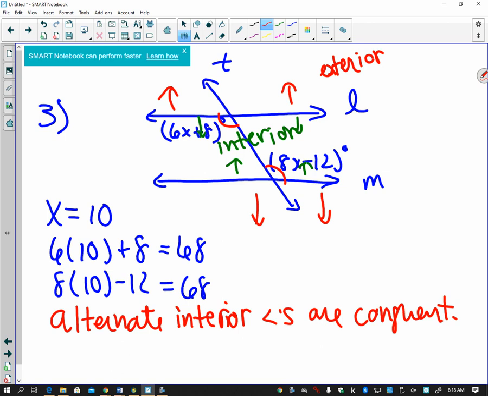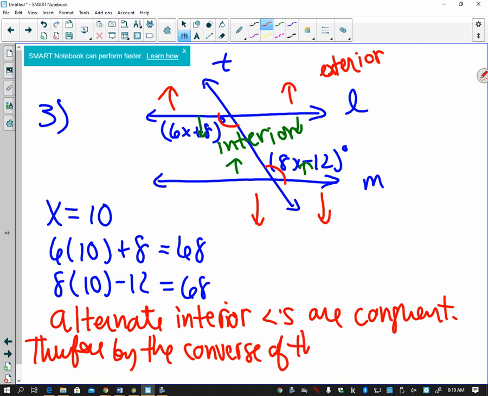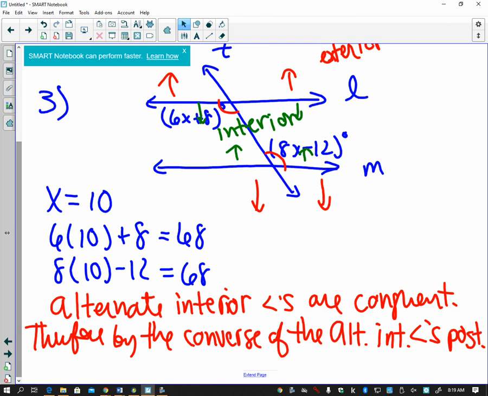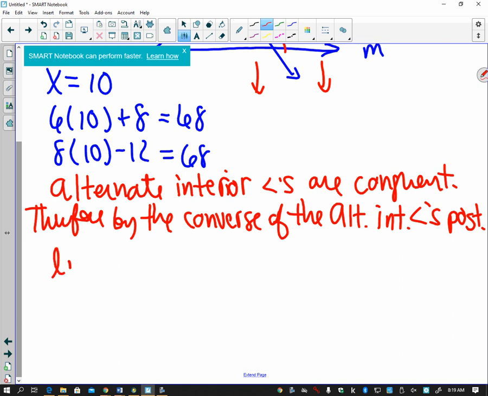So what we would use, so our therefore is by the converse of the alternate interior angles postulate, lines L and M are parallel.